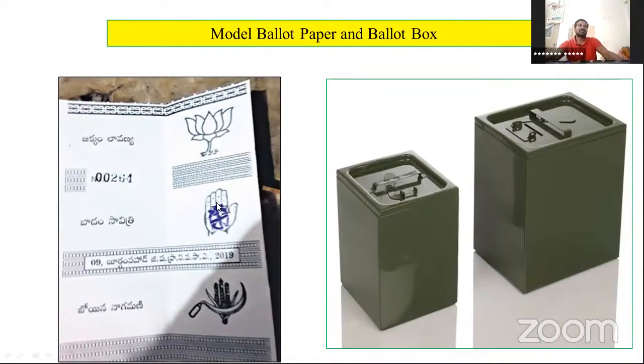This is the second symbol. Then look at this swastika symbol. This is the main election symbol to vote for the contesting candidate. In this way, this is the model ballot paper. The voter gives the vote to their candidates. Next slide.